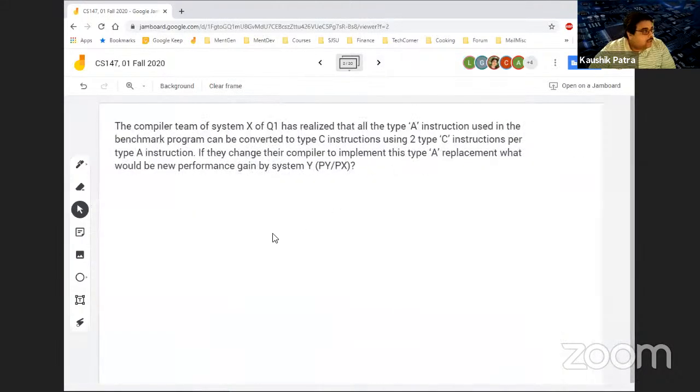For doing that, the compiler team of system X realized that all type A instructions used in the benchmark program can be converted to type C instructions using two of the type C. So each instruction A will be replaced with two instructions of type C. Now, if they change their compiler to implement this type A replacement, what would be the new performance gain of system Y? We'll still need to compute this Py by Px, but in this case, we need to consider the compiler change that was brought to market with system X.